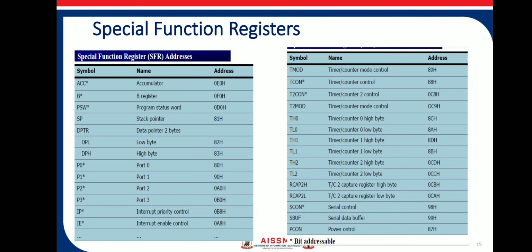Then there are the 4 ports, port 0 to port 3, the interrupt priority control, interrupt enable control, TMOD register and TCON register, T2CON register, T2MOD register, then TH0, TH1, TL0 and TL1 registers. Those registers are used for the timers and counters, lower byte and higher byte. Then the capture register high byte and capture register low byte, serial control register, SBUF register and the power control register.